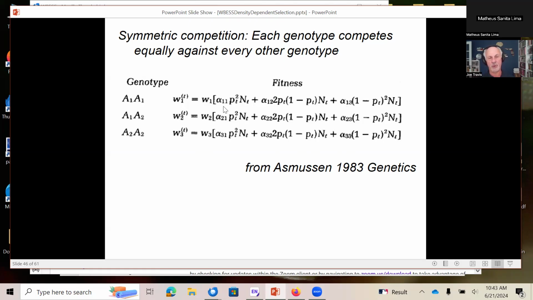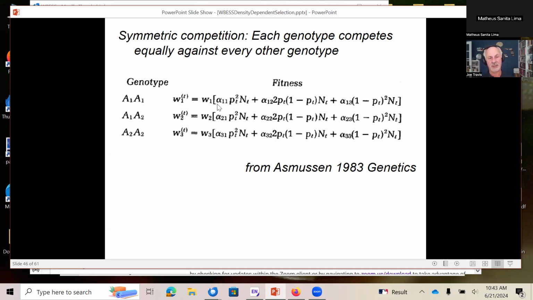So alpha 1,1 here is the effect of the A1A1 genotype on itself. The alpha 2,2 is the effect of the A1A2 genotype on itself. The alpha 3,3 is the effect of the A2A2 genotype on itself.